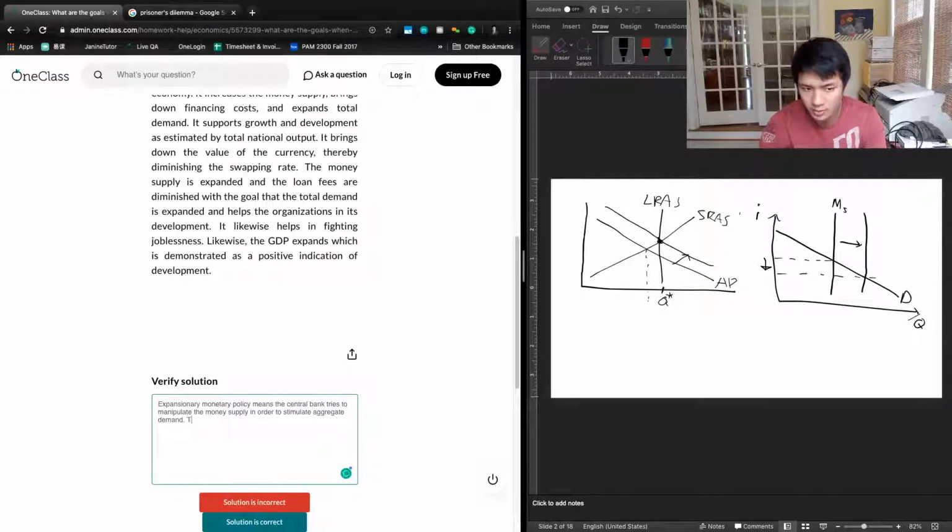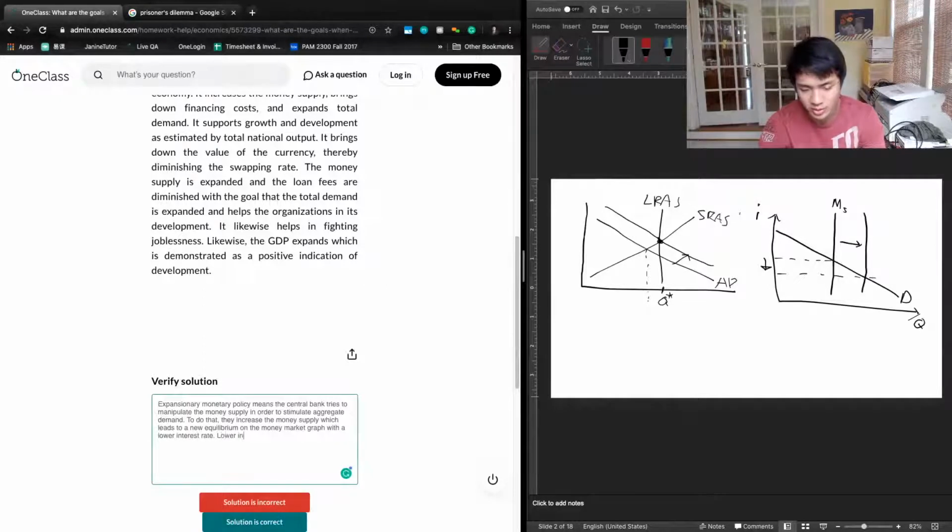To do that, they increase the money supply, which leads to a new equilibrium on the money market graph with a lower interest rate.